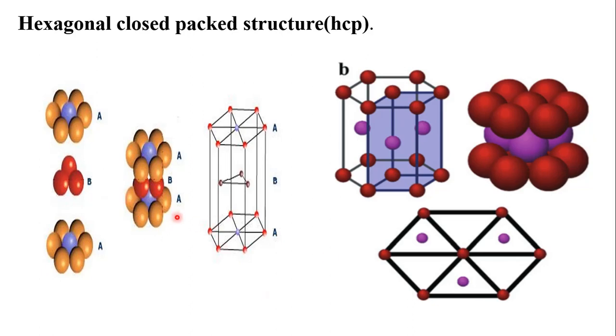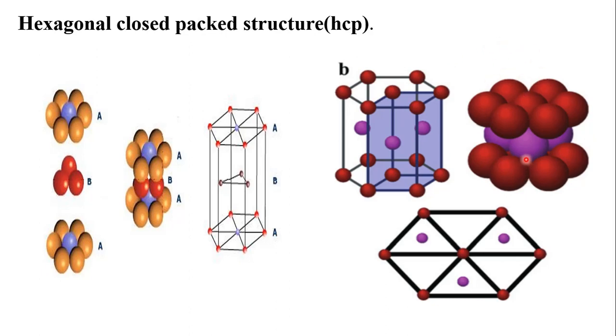Here also see, 6 empty spaces or depressions are there. Here 1, 2, 3, 4, 5 and 6. So 6 such depressions are there, and alternately these 3 spheres are placed over this, and this arrangement is again repeated. Again here the third layer, B layer, is there.